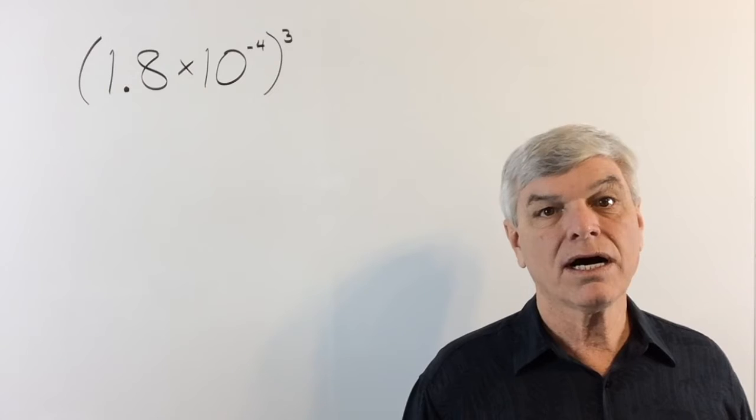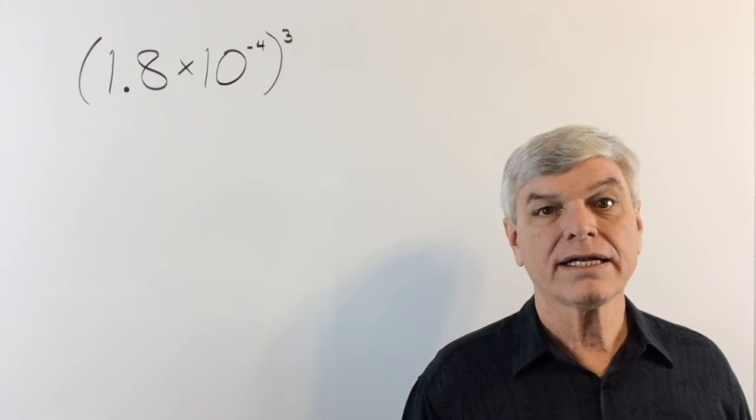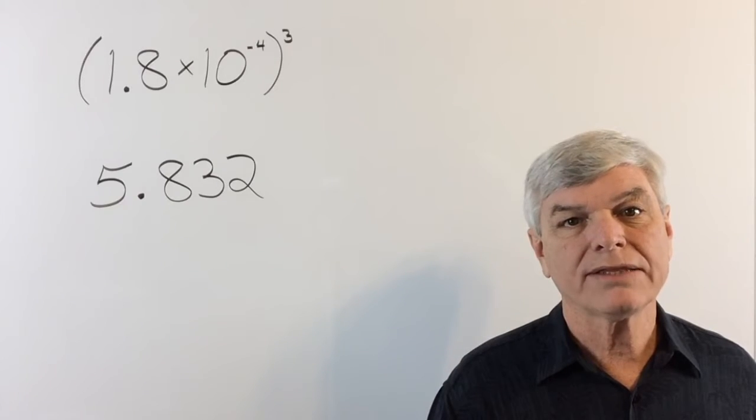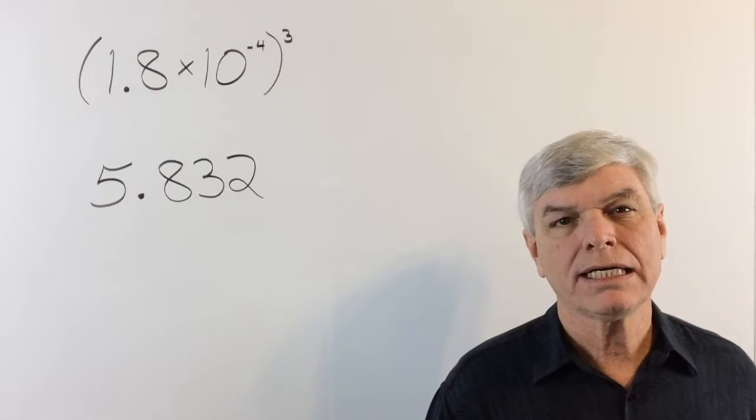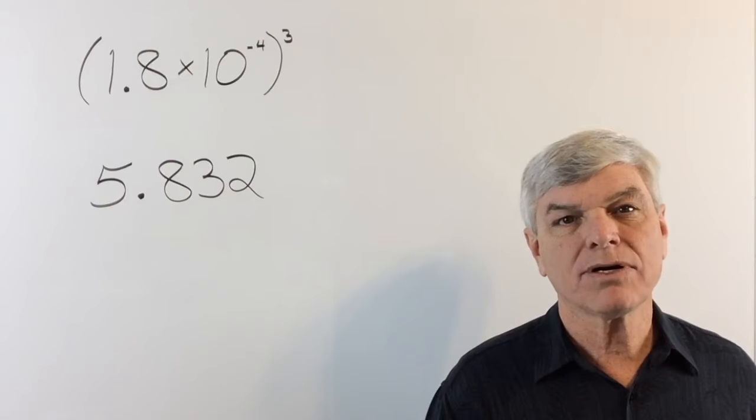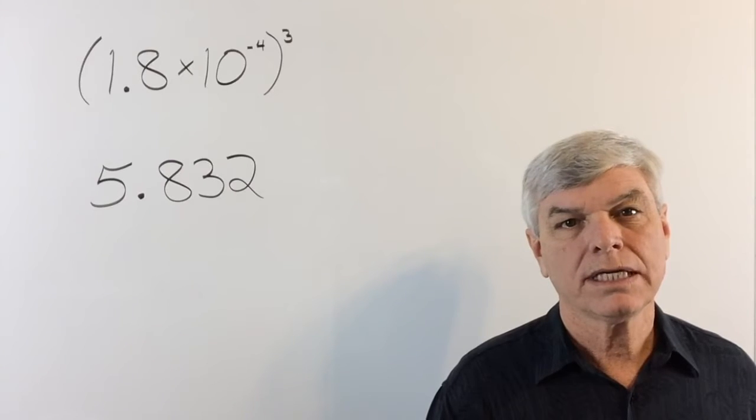The cube of 1.8 is 5.832, and that was pretty simple. And now that we've taken care of the units, why don't we take care of our 10 with the exponent? It is 10 with an exponent of -4, to the power of 3. What are we going to do?